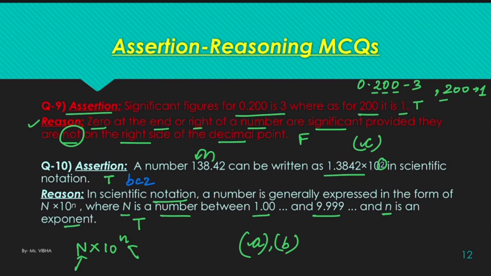A number 138.42 can be written as 1.3842 into 10 raised to power 2 in scientific notation, because in scientific notation, a number is generally expressed in the form of N into 10 raised to power n, where N is a number between 1 to 9.9 and small n is the exponent. Yes, the second statement is the reason for the first statement. Both the statements together form a sensible statement. So the option is A: assertion and reason both are correct, and reason is the correct explanation of the assertion.